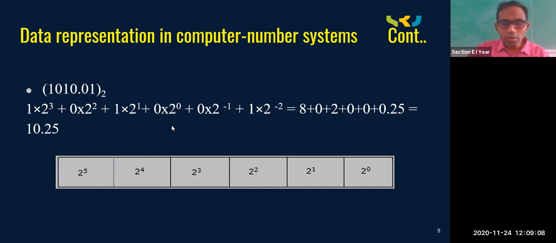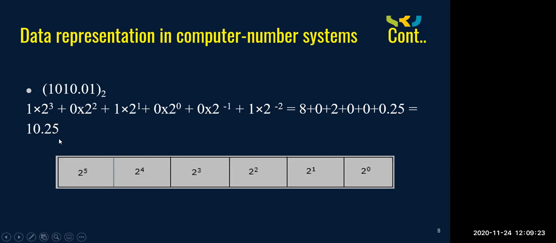Now coming to the after-dot part, what is happening here? You use 2 to the power of -1, 2 to the power of -2. How do we handle the minus?